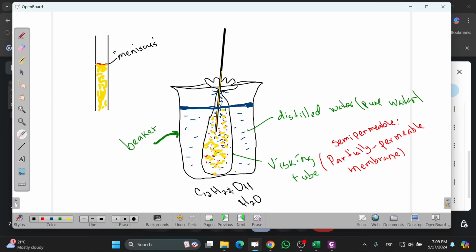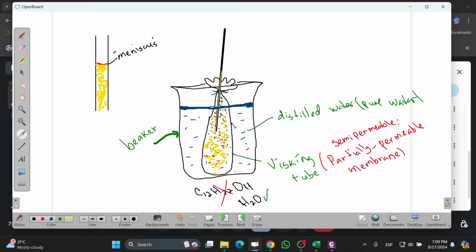That's why we can say that this Visking tube, this semi-permeable membrane, will allow only water molecules to move through it, not sugar molecules. So this is banned, not allowed. Water, yes, will be allowed.